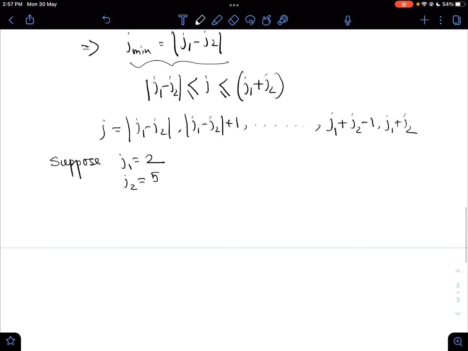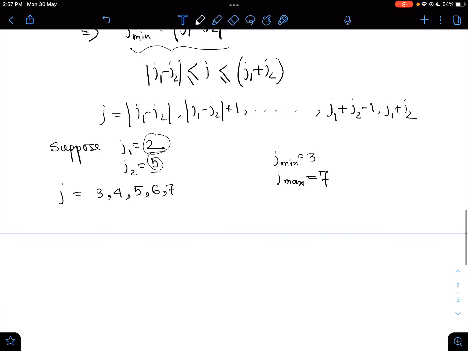So what will be the possible values of J? It can be 3, 4, 5, 6, 7. And what is the minimum value? The minimum value is the difference between these two, so J minimum is 3. And the maximum value is the addition of these two, so the maximum value is 7.